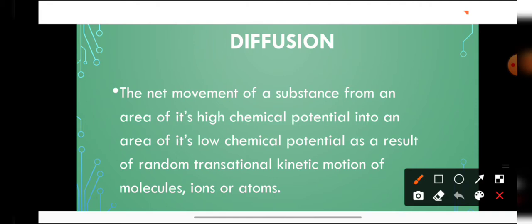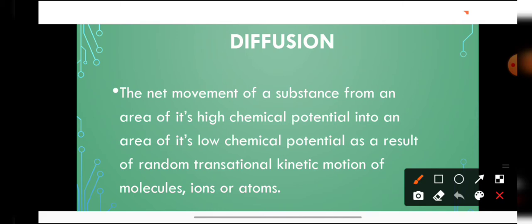So diffusion in terms of chemical potential is defined as the net movement of a substance from an area of its high chemical potential into an area of its low chemical potential as a result of random, translational, kinetic motion of molecules, ions or atoms.